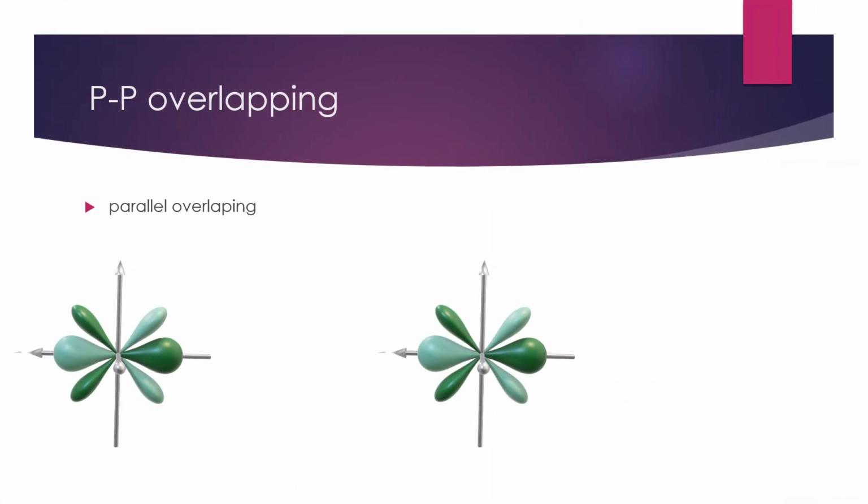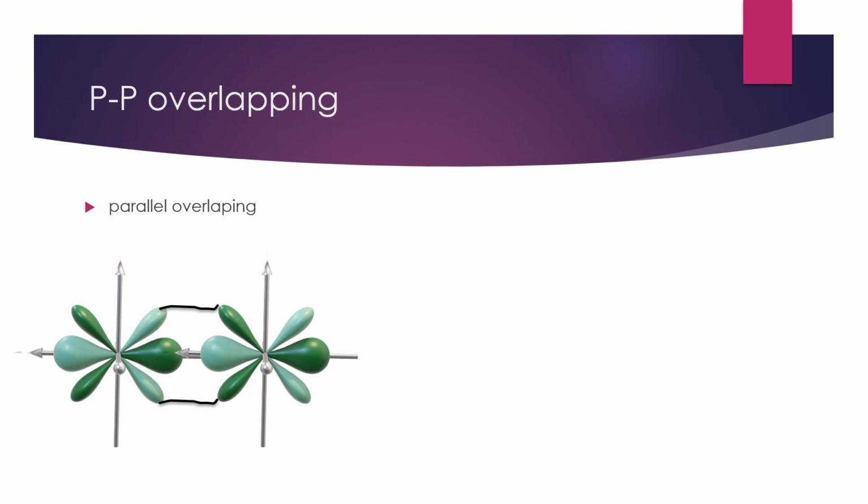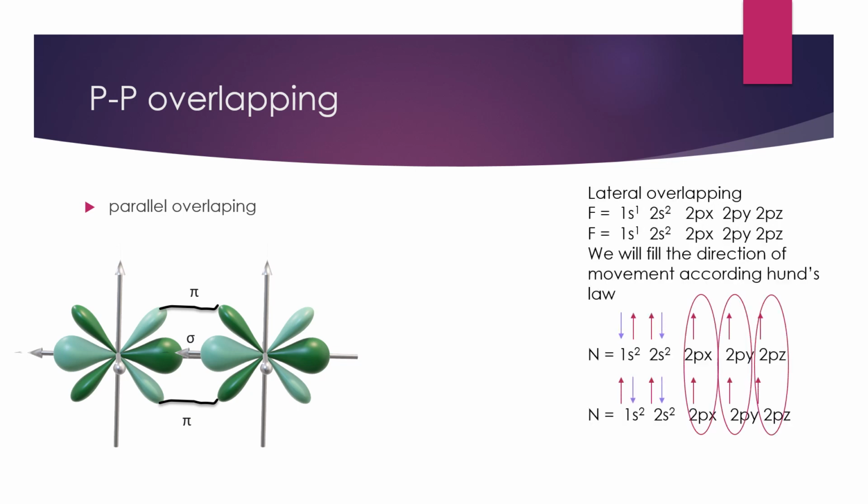Now p-p overlapping again. In this condition, when the orbitals overlap with each other, there would be two types of bond, as we have three valencies here.